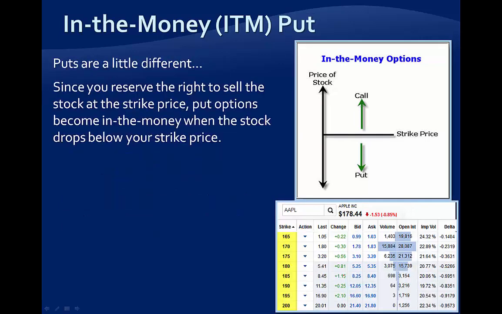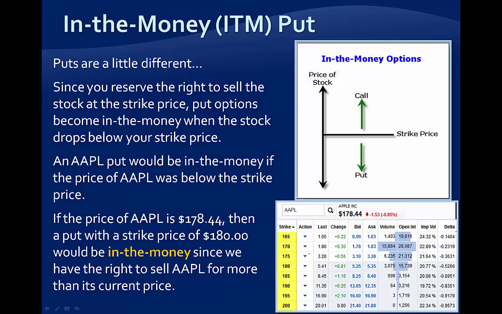Okay? Puts are a little different. It just flips around. So now we'll change from looking at the call option chain to a put option chain. So now I'm looking at Apple's put options. And since you reserve the right to sell the stock at the strike price, we know which puts are in the money? Well, any strike price that's above the price for the puts, right?